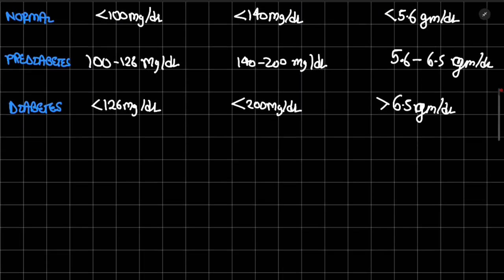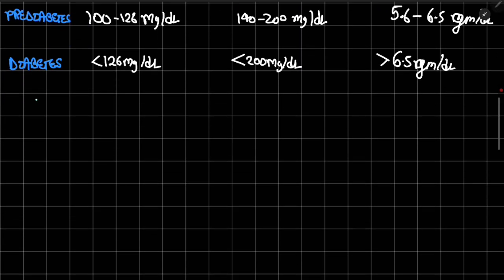Now let me just write one point: if it is normal, if it is a pre-diabetic condition, and if it is a diabetic condition, what will be the treatment? Normal will have no treatment.